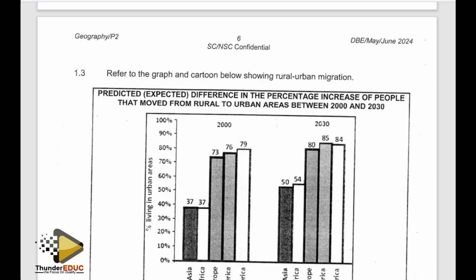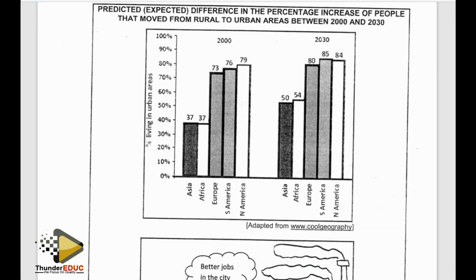We have these different continents for 2000, and the very same continents for 2030. On our vertical axis, we have percentage living in urban areas, which expresses the people staying in urban areas as a fraction of the total people in that particular continent.